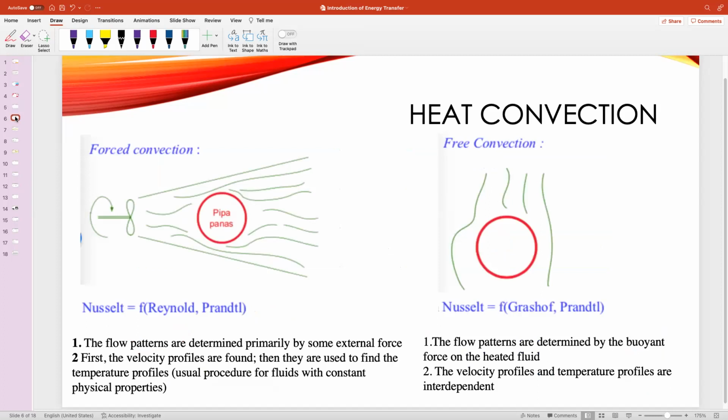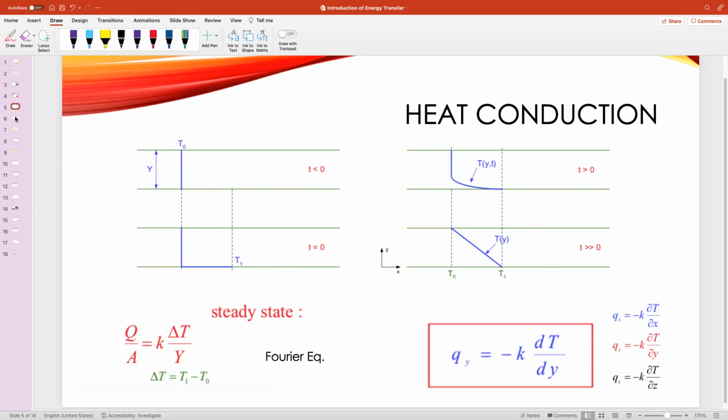Okay, the first one we're going to see is conduction. Conduction can be in a solid or a fluid, but it is based on molecular work, where Qy, the heat flux in the y direction, is equal to minus k dT over dy.